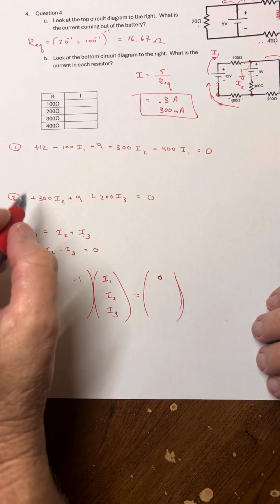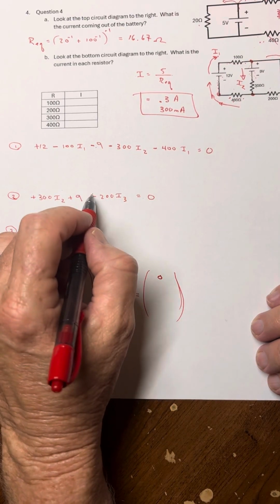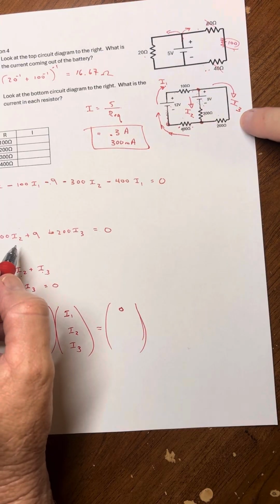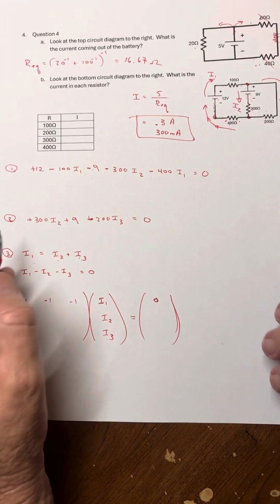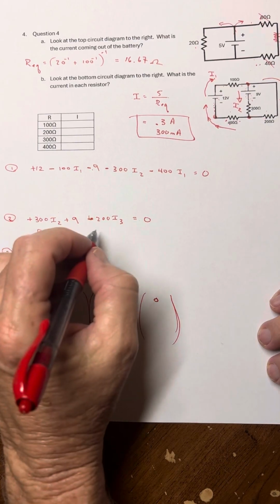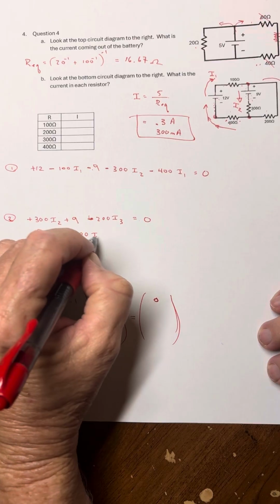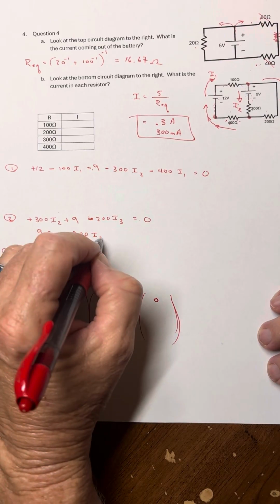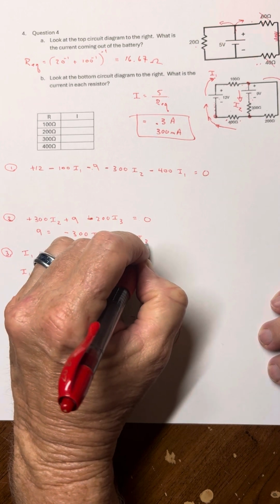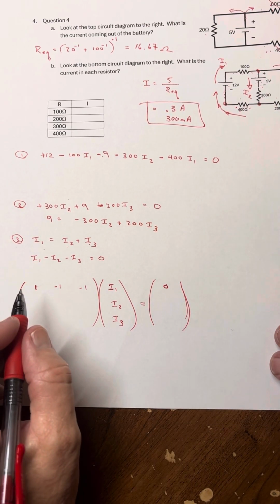Now this equation, a little smudge there. I think that was a minus. Let's see, it was over here where we'd have to go minus 200, yeah. Why don't I leave the 9 on this side and then move the 300 I2 to the other side and the 200 I3 to the other side, and that'll change their sign.